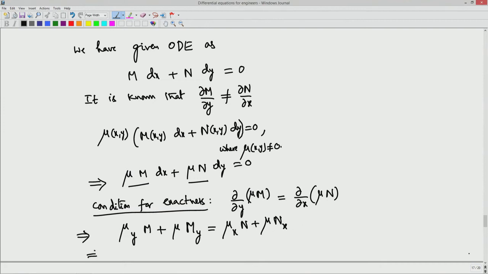So this implies N mu_x, I am just rearranging it, minus M mu_y equal to mu times (M_y minus N_x).